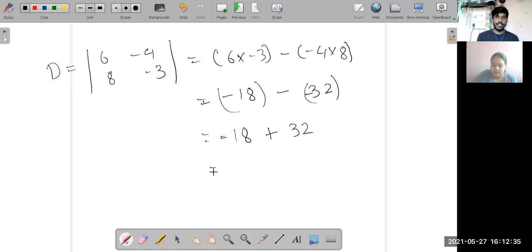Minus 18 plus 32: minus plus minus, and you put the sign of the greater number. So this should be 14. Did you understand where you went wrong here? Yeah, and dx and dy also have the same thing. Yes, correct it right now.